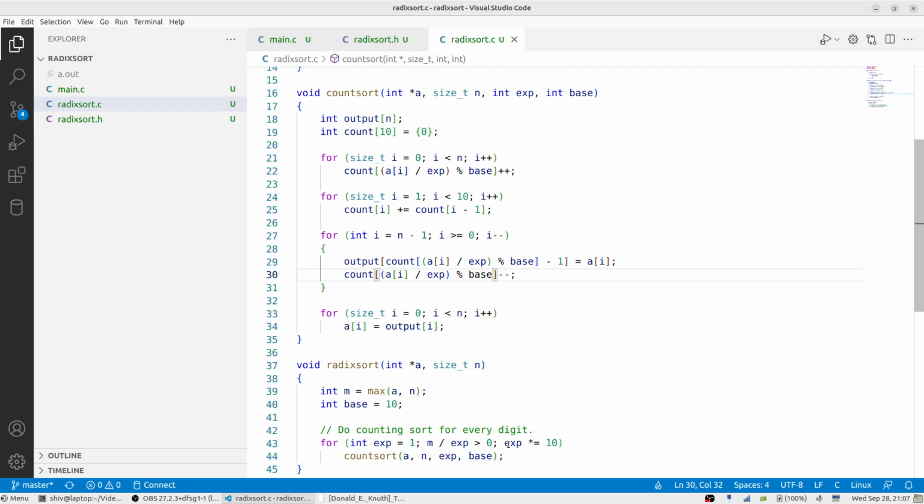So this should sort out our problem. In case of octal, you just make it 8. In case of binary, make it 2. But for decimal, 10.